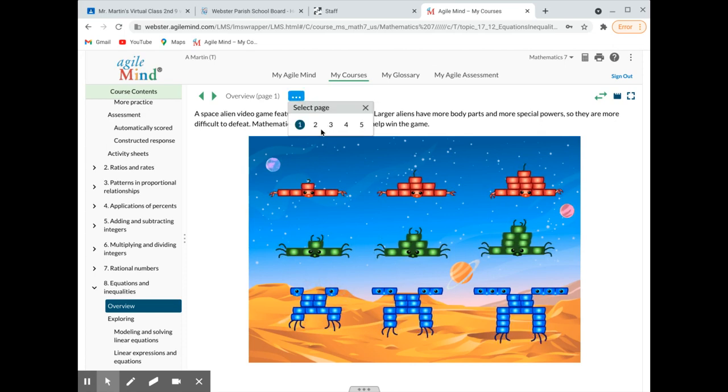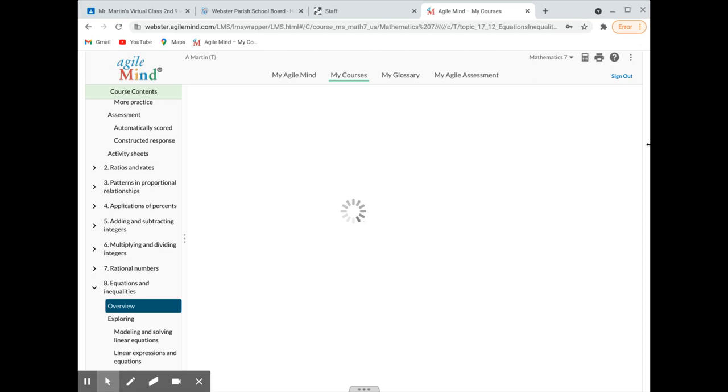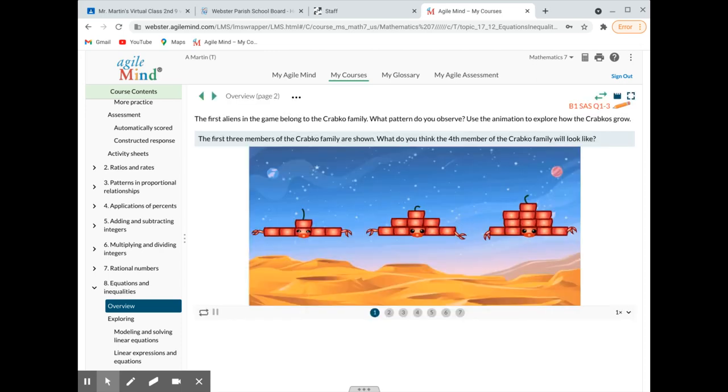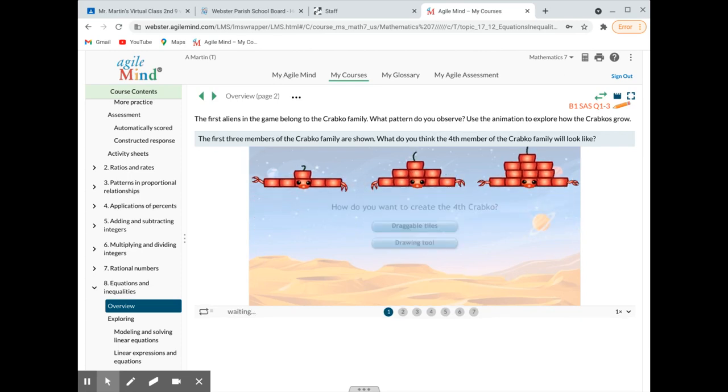See if we notice anything. All right, so look at this. Read this for us, if you would, Azamian. How do you want to create the fourth cobra? All right, so look at that above it, though.